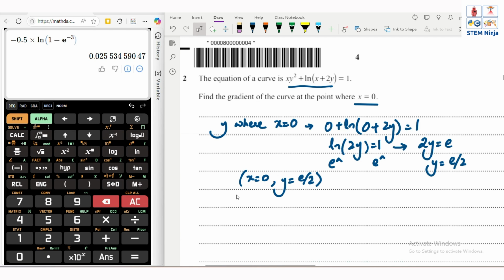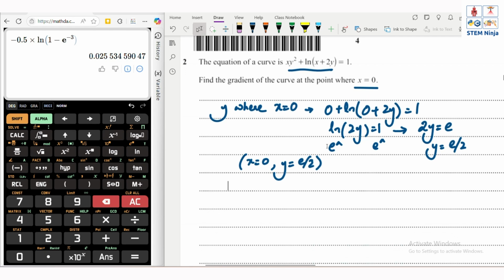All right, now we need to take the d by dx. So d by dx of xy squared will require product rule.